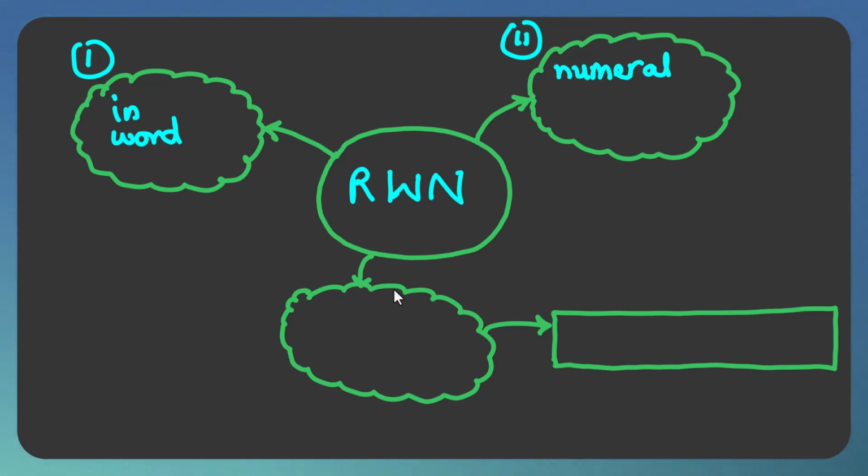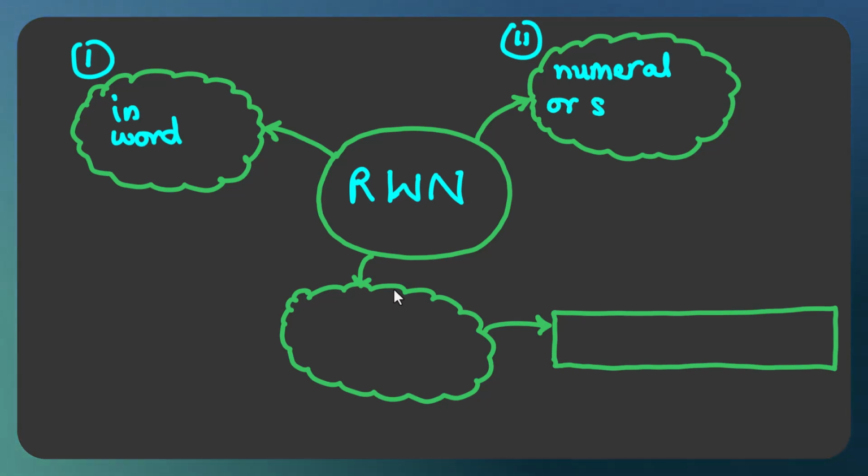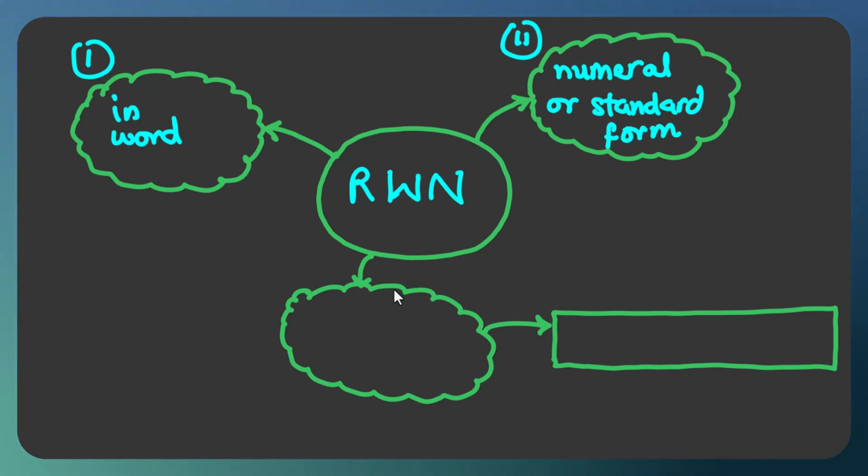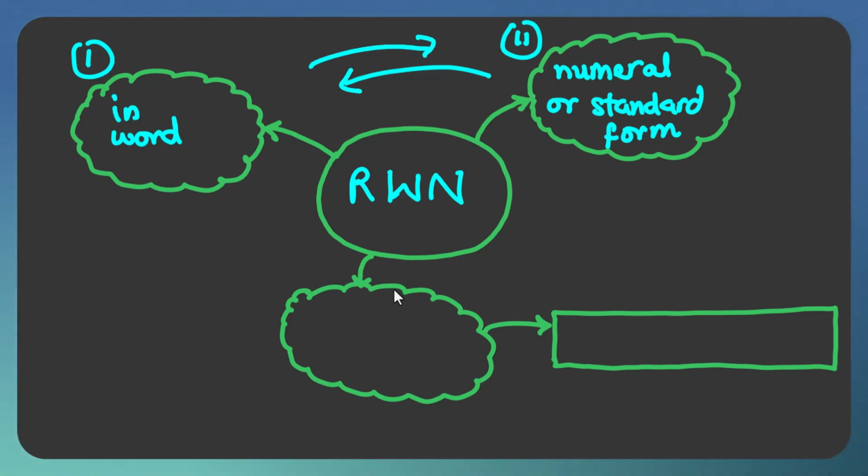This can also be called standard form. This can be done back and forth, and we'll look at examples when it comes to going from words to numerals and back to words.